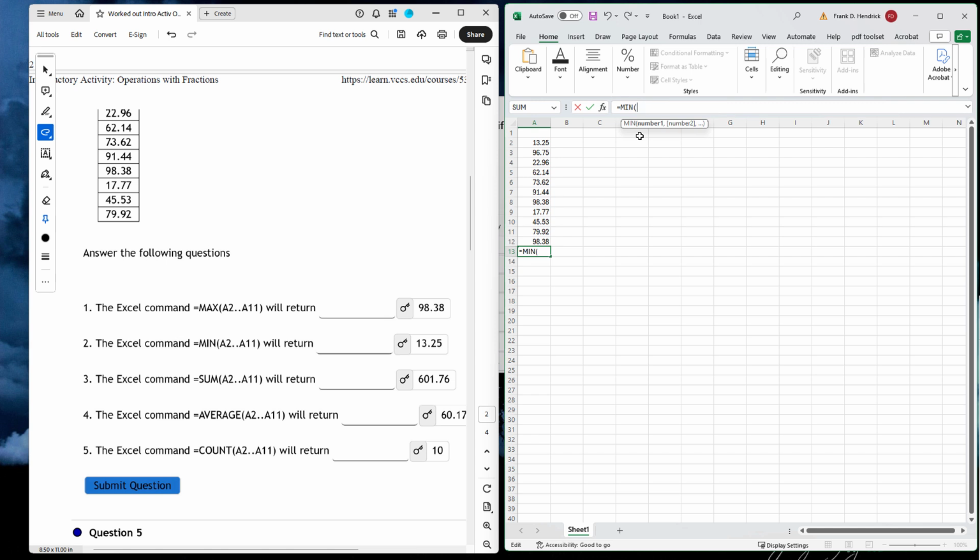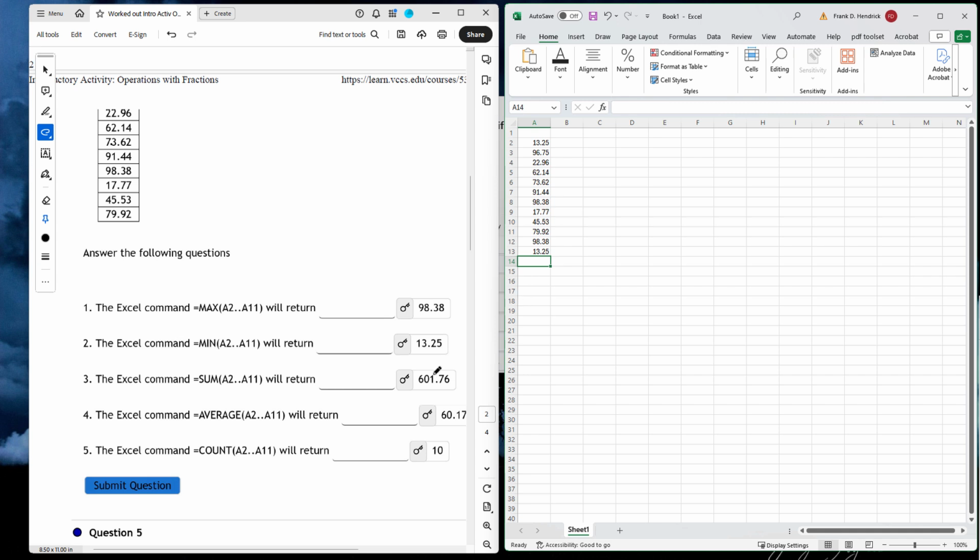I can click in and it pre-fills it for me, and then I type A2 colon A11 close parentheses, and I hit enter, and watch what happens. 13.25 for that one.